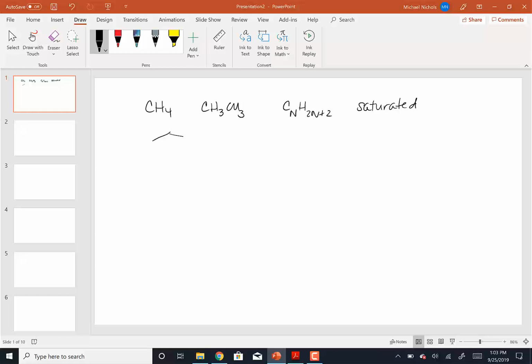For instance, a cyclohexane ring would be C6, and since each of those carbons has 2 hydrogens, it would be C6H12, which is not C6H14, the maximum number. So every time you have a ring, you lose 2 hydrogens off the maximum number.